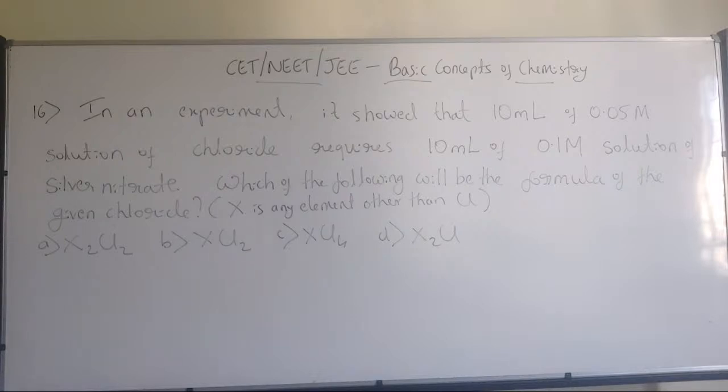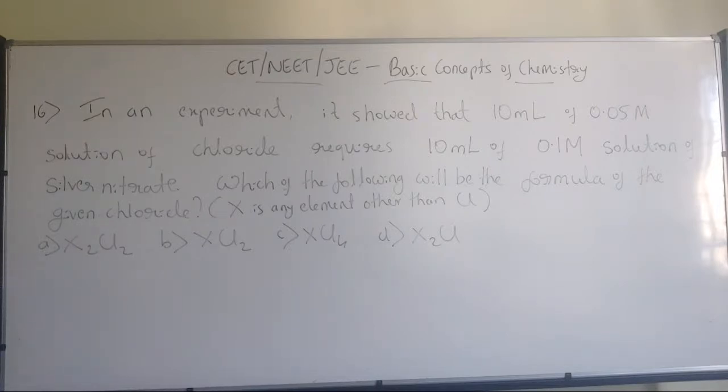Which of the following will be the formula of the given chloride, where X is any element other than chlorine? The options are X2Cl2, XCl2, XCl4, X2Cl. Some of you have written option B. Okay, fine, I think it's the correct answer only.